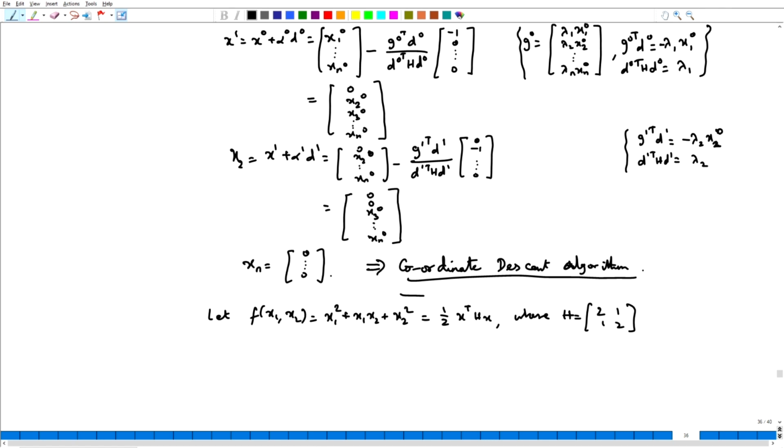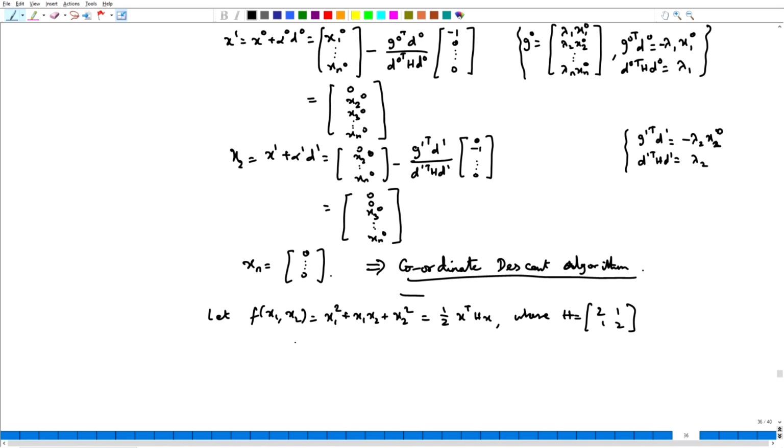So, it is not diagonal as you can see, but it is positive definite. So, let us blindly apply the coordinate descent algorithm to see if we get the answer in 2 steps, as was the case when H is a diagonal matrix, right.